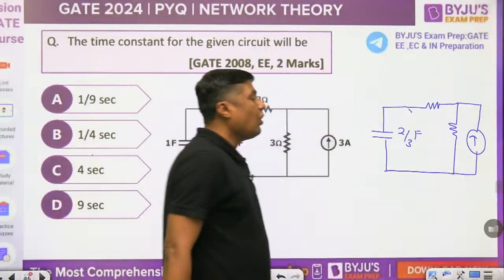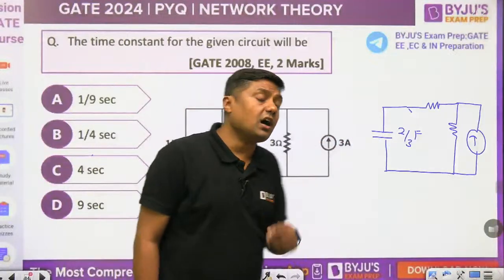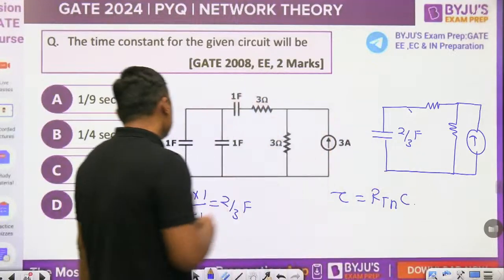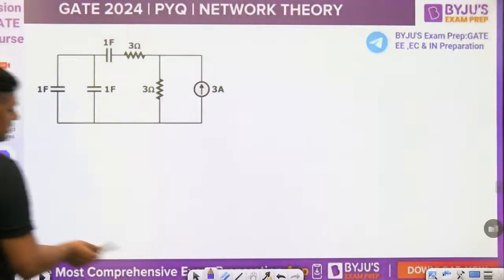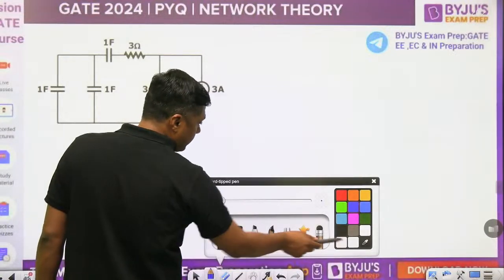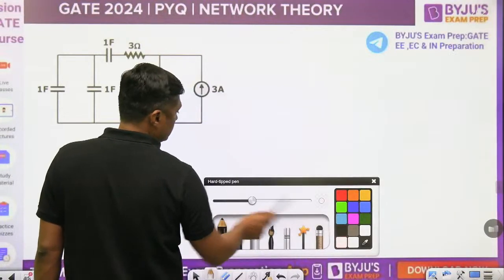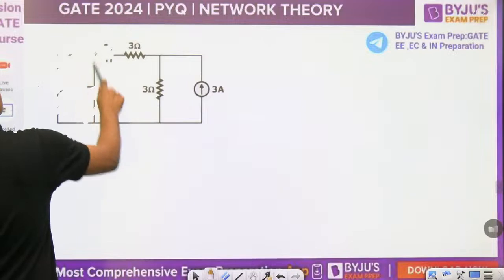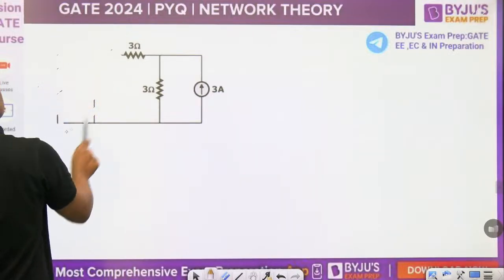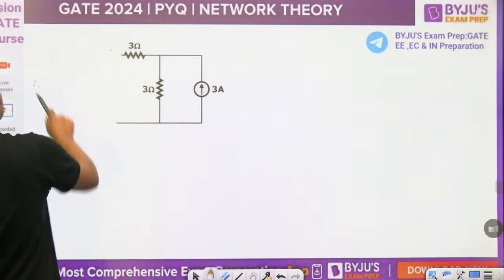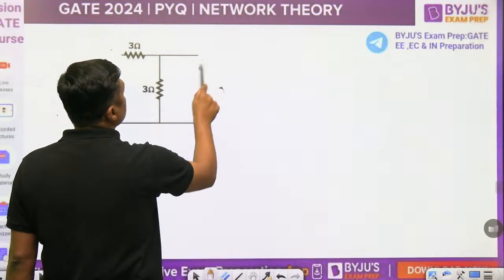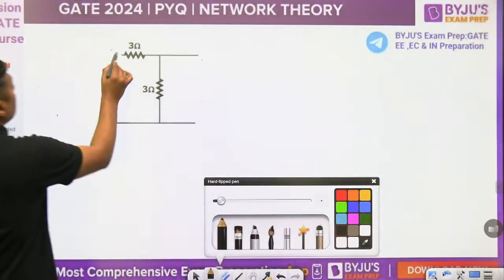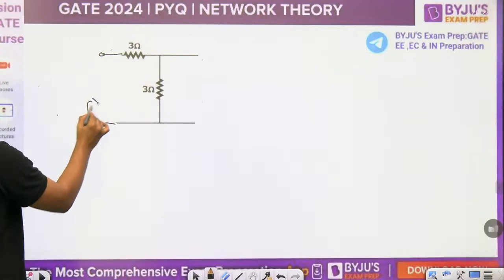Now remove the capacitor and find the RTH across that so that you can find the time constant, RTH into C. When we remove this capacitor to find the RTH, the current source will act as open circuit. What is the RTH?